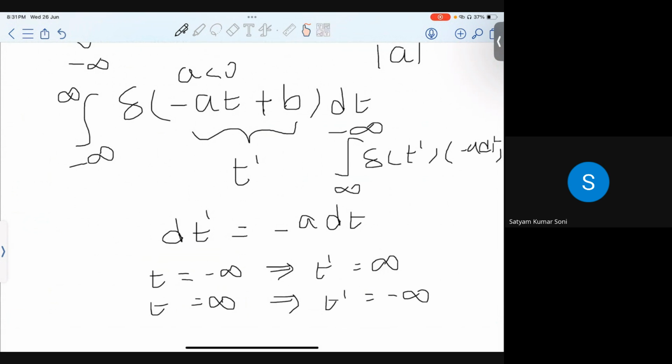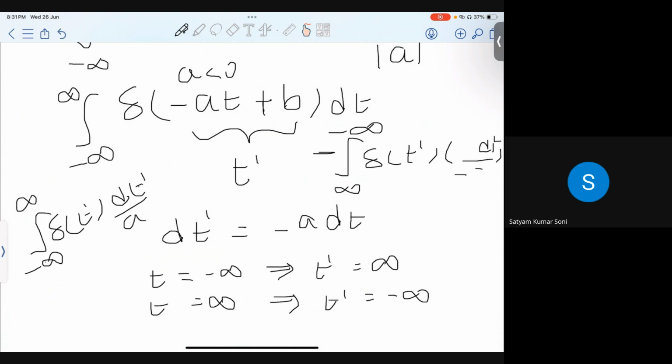When you interchange the limits of the integration, from infinity to minus infinity, it becomes a minus. So this minus and this minus get cancelled, and it would be just the integral from minus infinity to infinity of delta of t prime times, sorry, dt prime by a. This is by a.